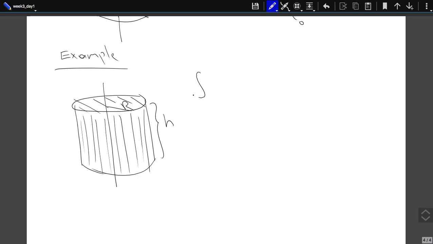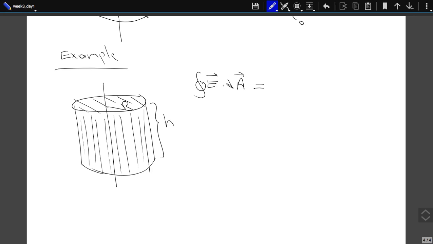Now I want to calculate E dot dA. We have to divide our surface into small patches and sum them all up.